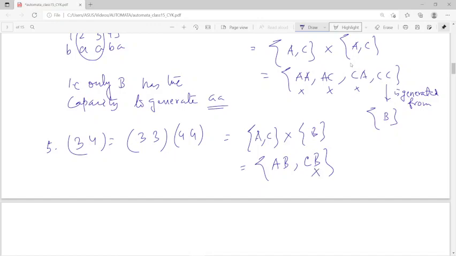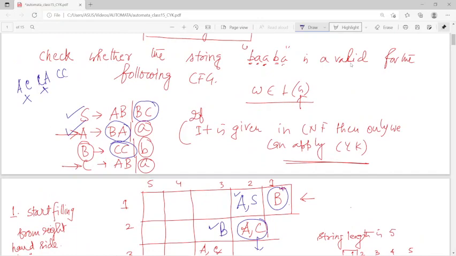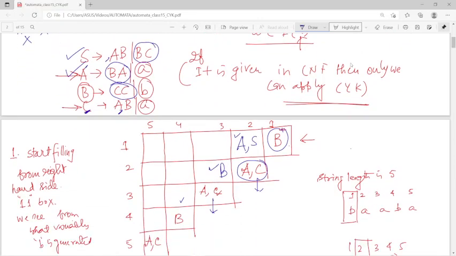So AB can be generated. If I look at the grammar, AB can be generated from S as well as from C. So S and C, and I can directly place that here, S, C, right?